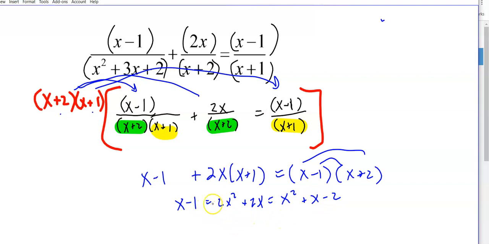Let's get everything over to the left-hand side. So I'm going to subtract the x squared, subtract x, and add 2.